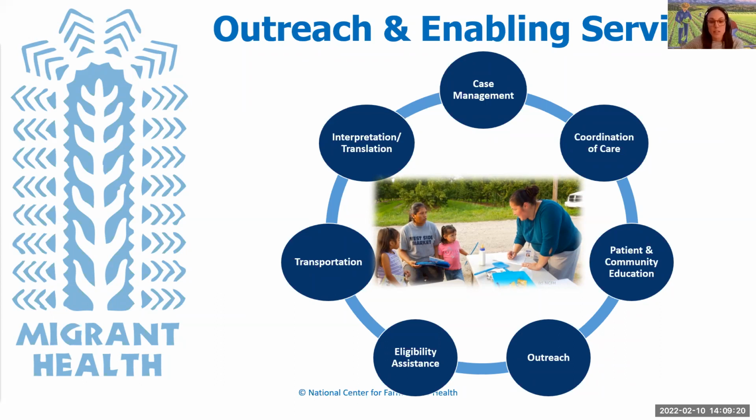So these services are really important for health centers to provide to ensure that ag worker families can have access to the primary healthcare services. So we must work to provide some of these services. That includes case management, coordination of care, patient and community education, program outreach, eligibility assistance, and transportation, to name a few.